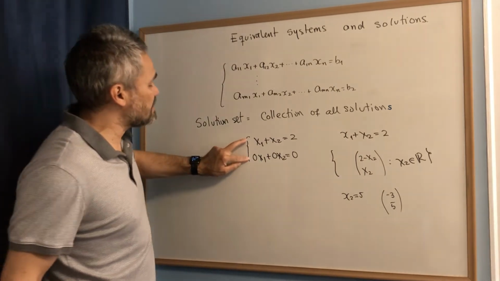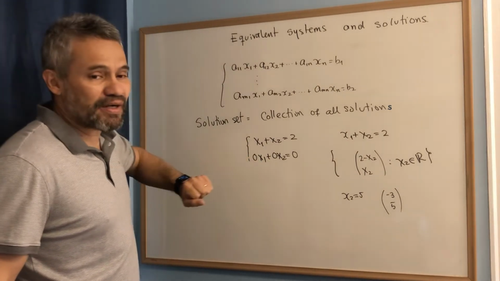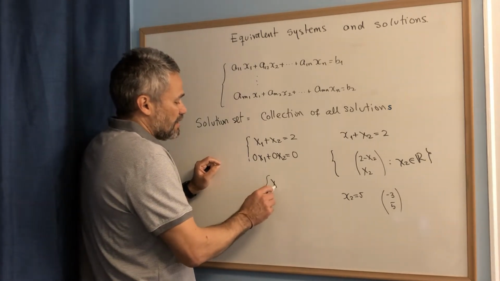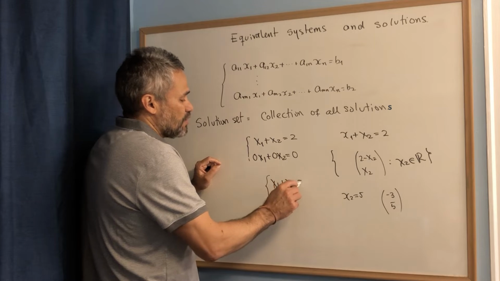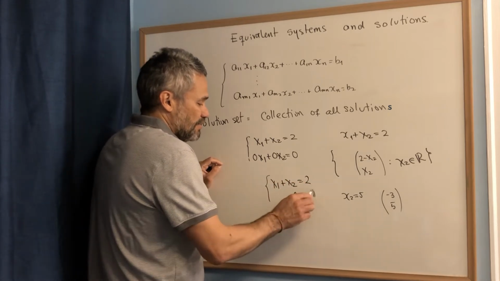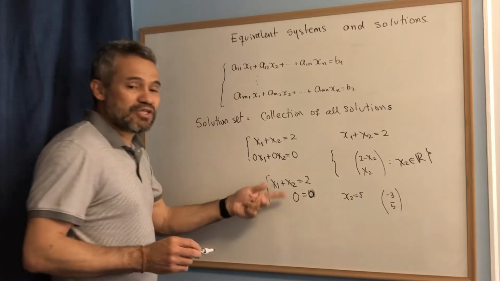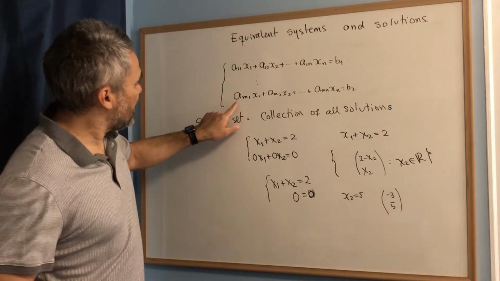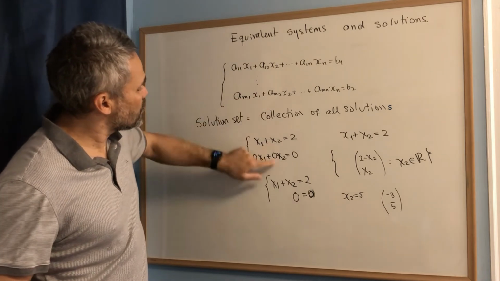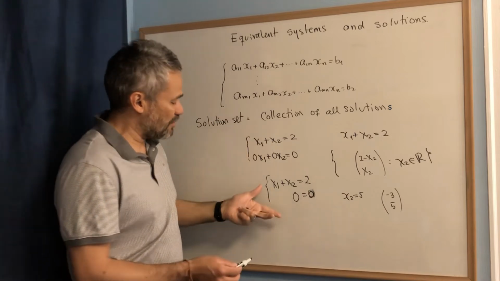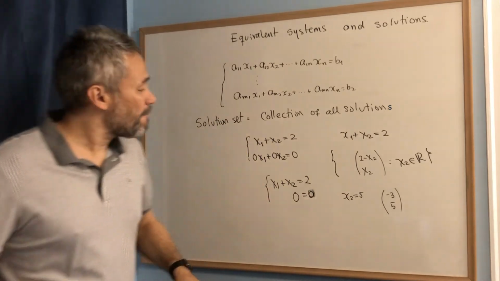We can say this is a system with two equations and two variables. Notice that this is equivalent to saying that x1 plus x2 equal 2 and 0 equal 0. Then this is something that may show up as a system. Here I'm just saying that A21 is 0, A22 is 0, and B2 is 0. Then as a definition, it looks weird, but it will show up a lot.